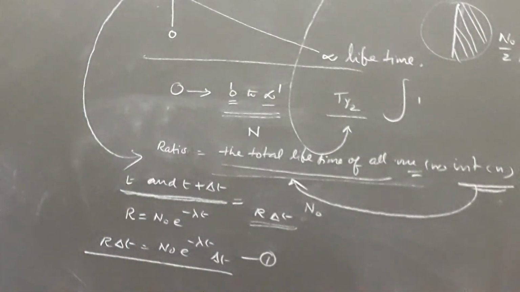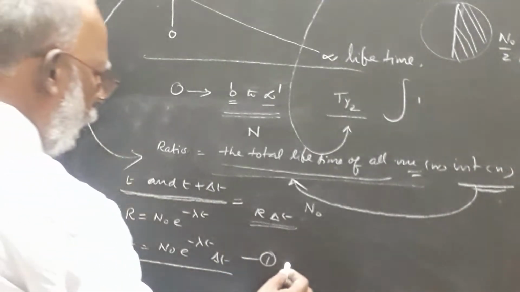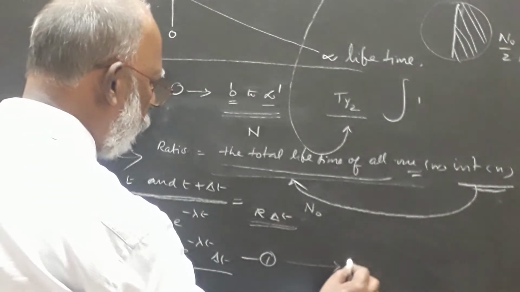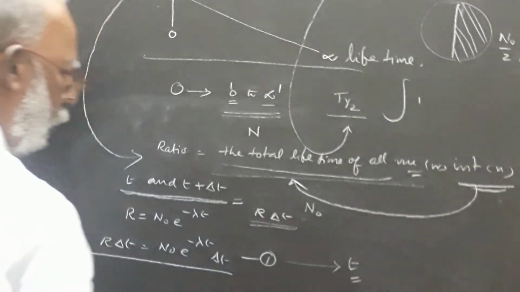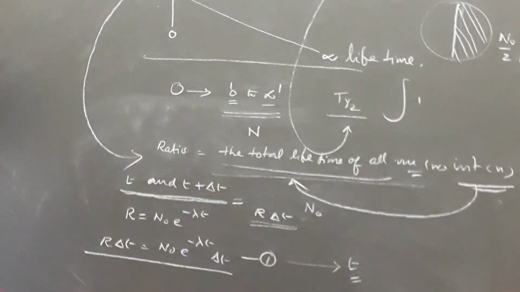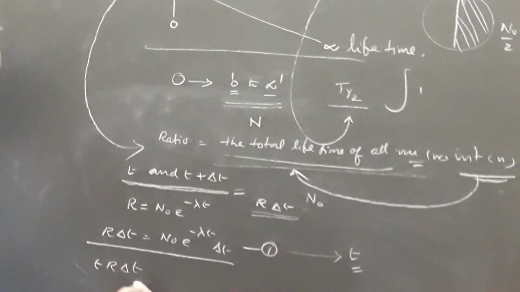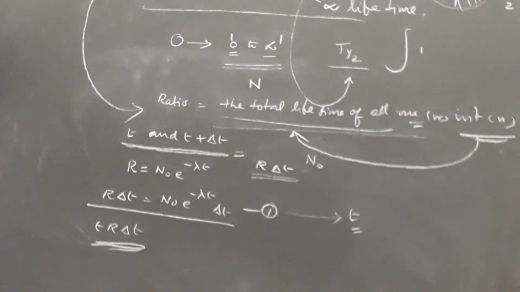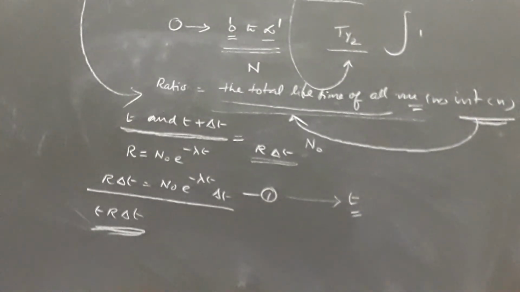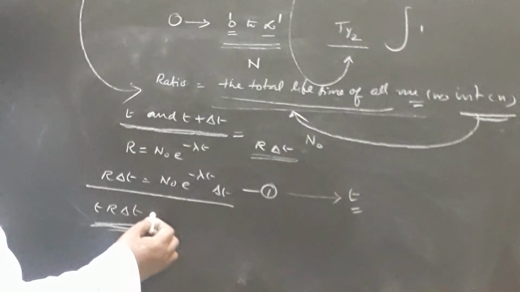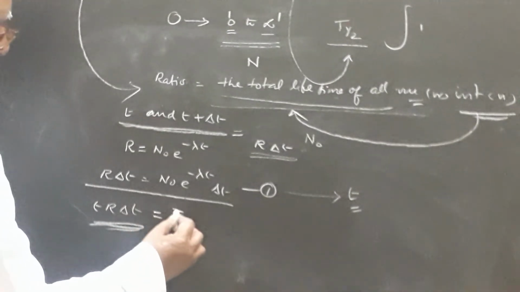Now it may be prolonged up to time t. Therefore t into R delta t is the total value of decay time, which gives the mean life. Mean life is called tau.